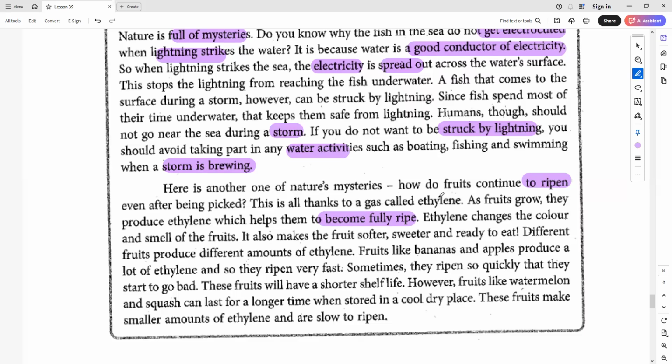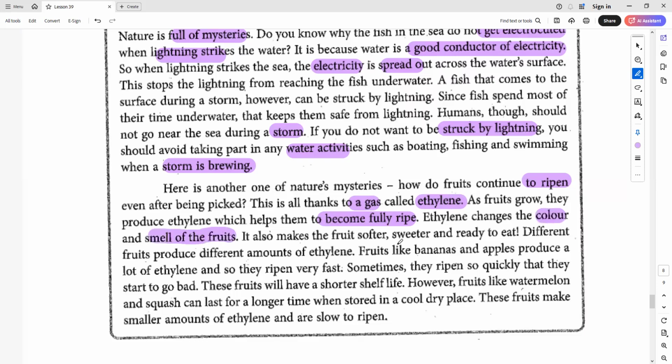So there's two, and then we have to come to another vocabulary here, which is ethylene, okay? Ethylene is a kind of gas, okay? It's a gas called ethylene, and this gas will actually cause the fruit to ripen faster, okay? So ethylene, it will change the color and smell of the fruit. So first is the color, second is the smell of the fruit.